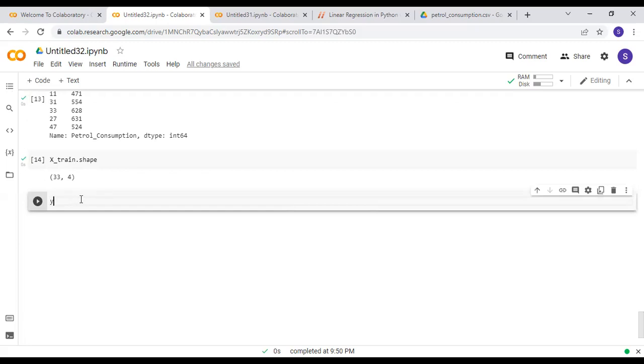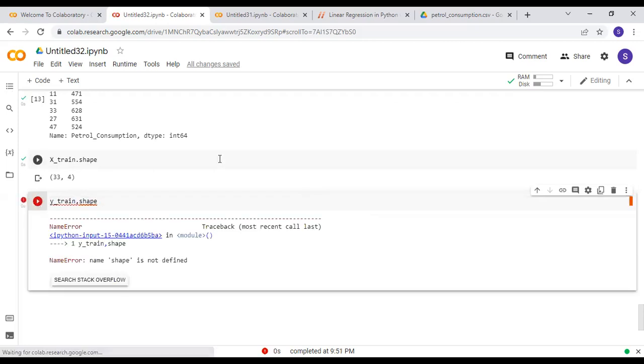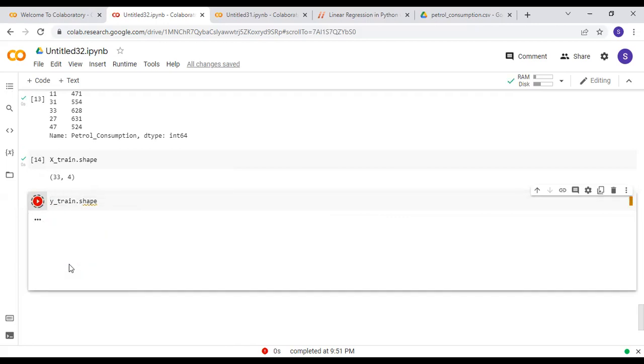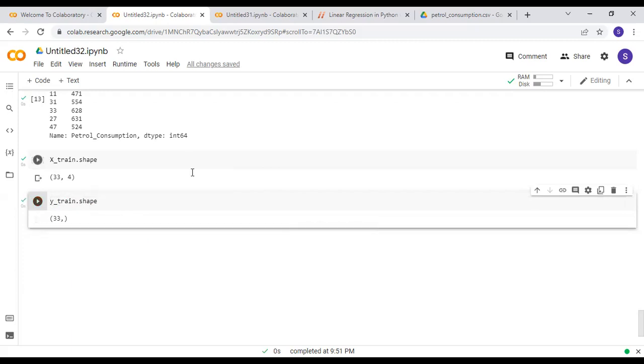The dimension of y_train, so there are 33 columns for its y_train.